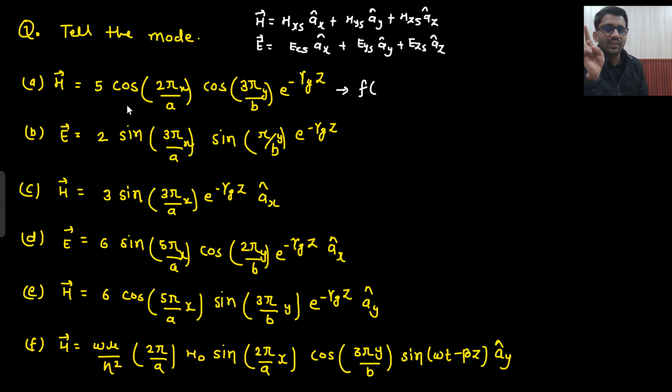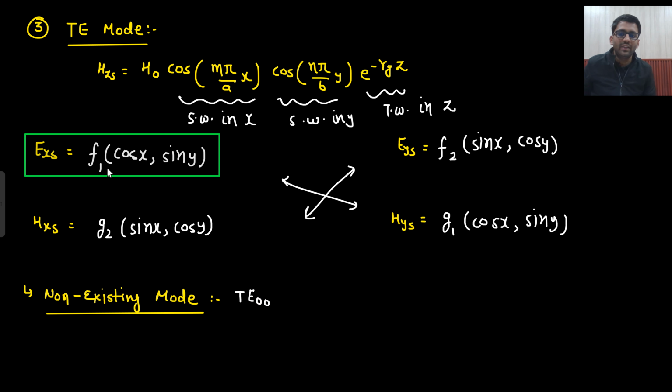So if it is cos cos, what does that mean? It is a function of cos x, cos y. Then certainly it has to be hzs only. Why? Because only hzs is a function of cos cos. And how will you remember? Himanshu is careless, so cos cos. Hzs is a function of cos cos.